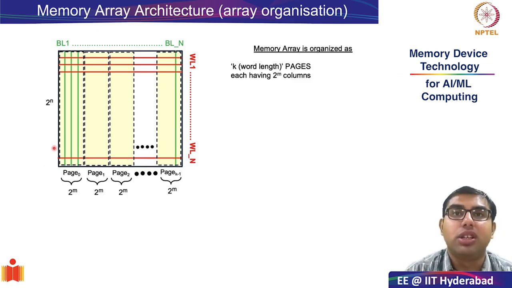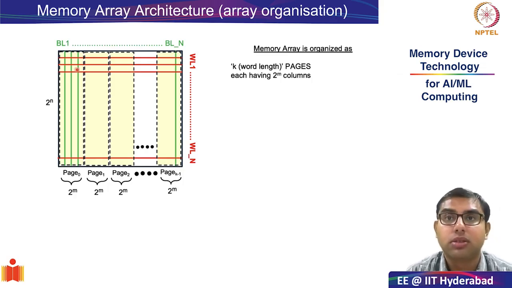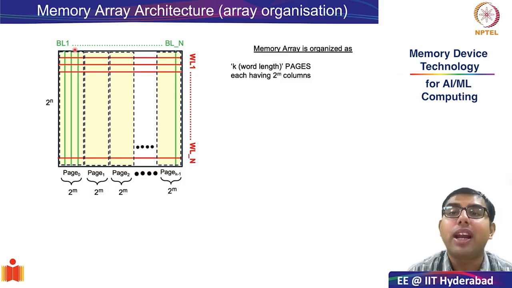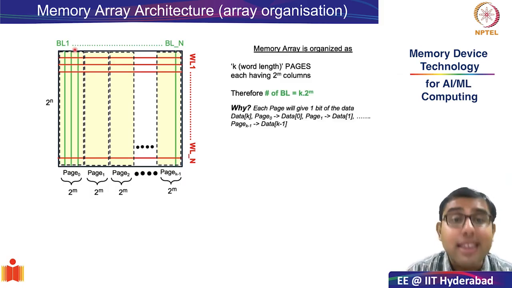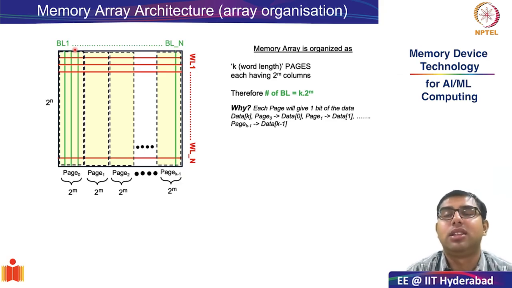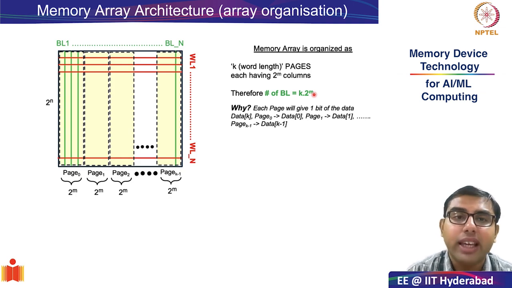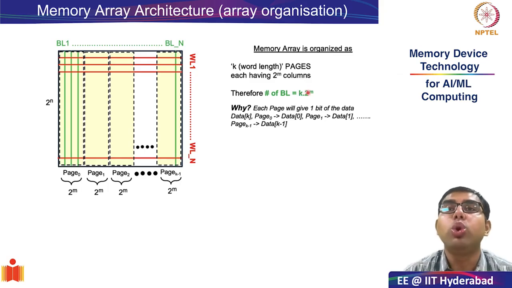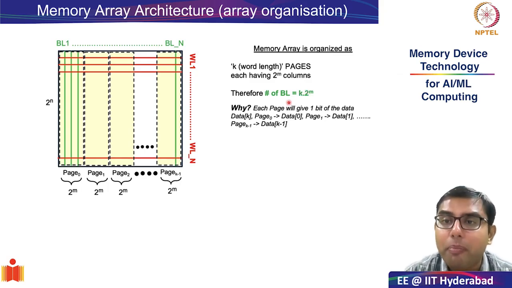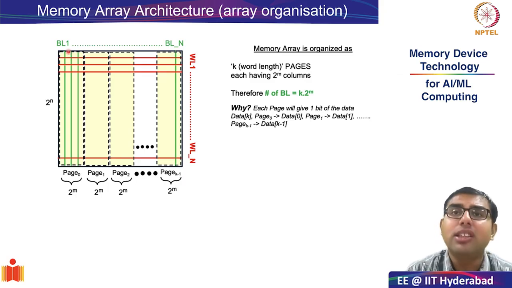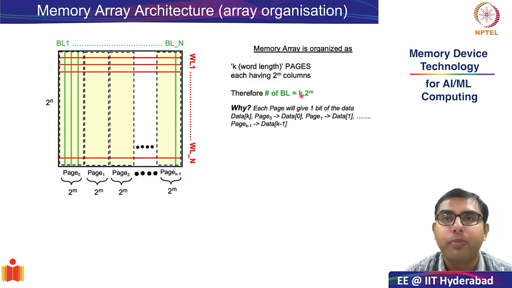Within each page, there are 2 to the power of m columns, and therefore the number of bit lines is equal to k into 2 to the power of m. Why is that the case? Because there are k pages, each containing 2 to the power of m columns. So the number of bit lines, or the number of vertical green lines in this square array, will be equal to k into 2 to the power of m.